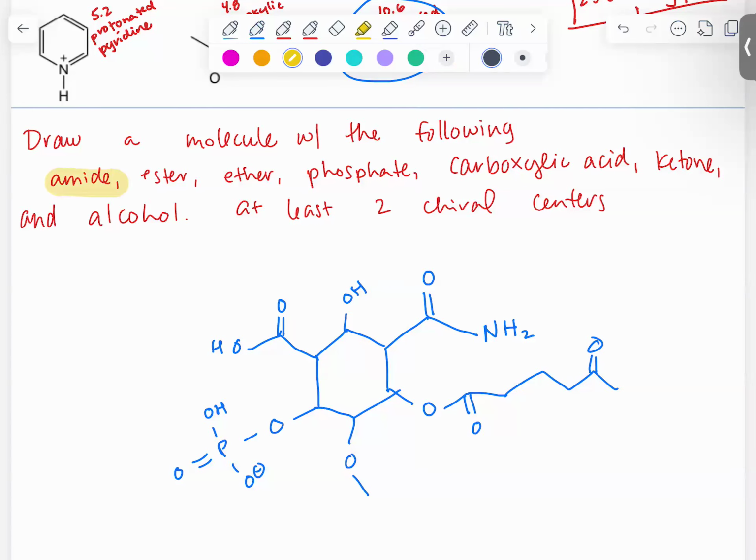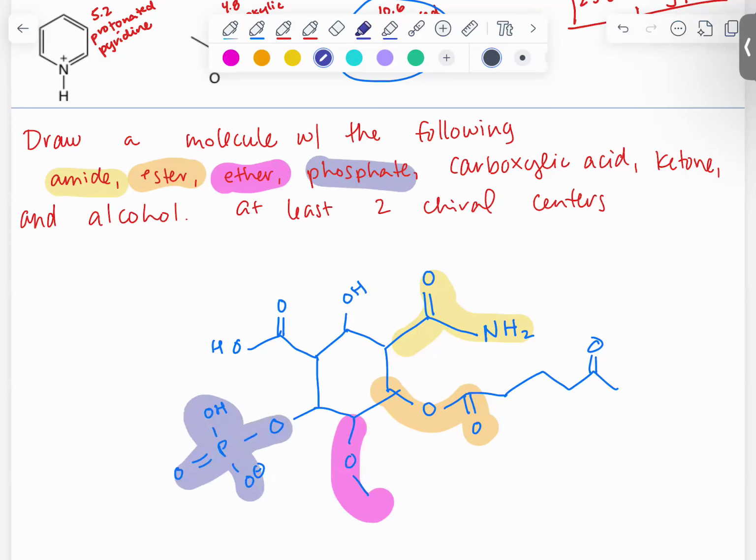Now, to make this easier, the sick thing about this is that every one of the carbons in the ring is a chiral center.